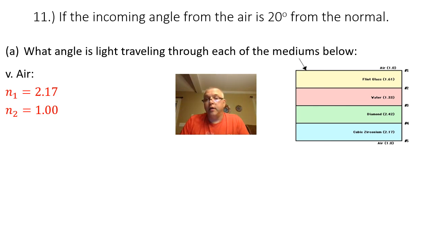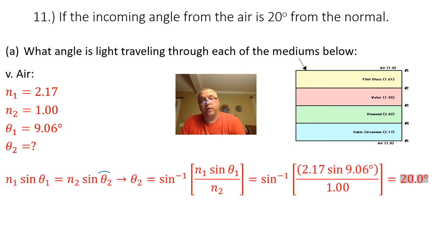My angle of incidence, again, is going to be the same as my angle of refraction going into the cubic zirconia from the diamond. That is 9.06 degrees. And we are looking for the angle of refraction back into the air, or theta 2. Going back to Snell's law, solving for theta 2 once again will give me an angle of refraction of 20 degrees.